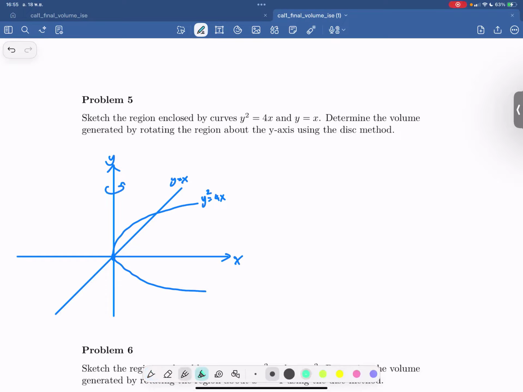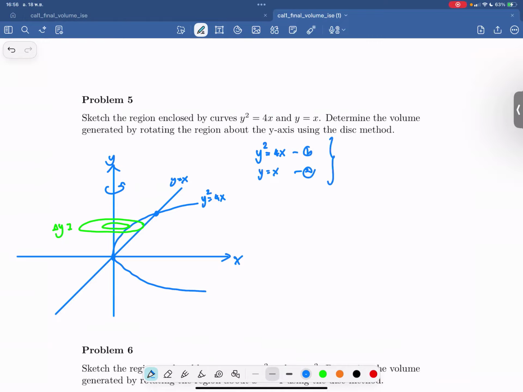So our washer, our ring should be like this. And you are integrating with respect to the value y. So firstly, you have to find the value of y of the intersection point. So we first calculate the system y squared equal to 4x and y equal to x.